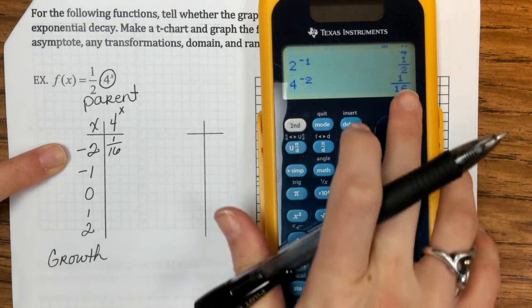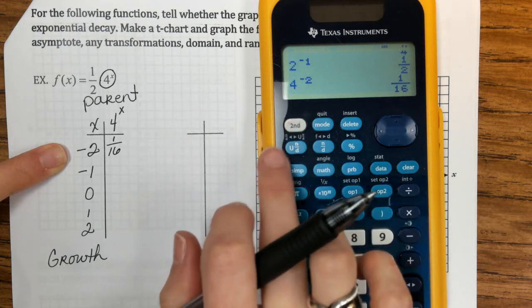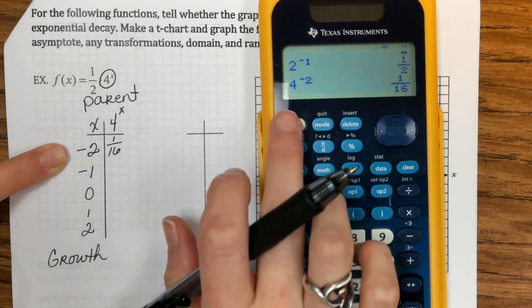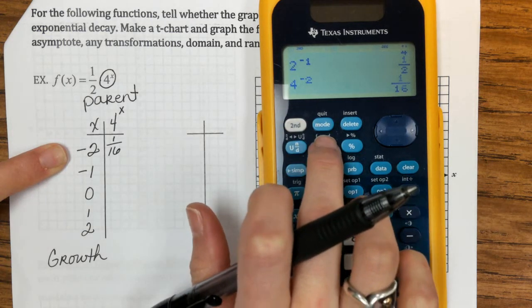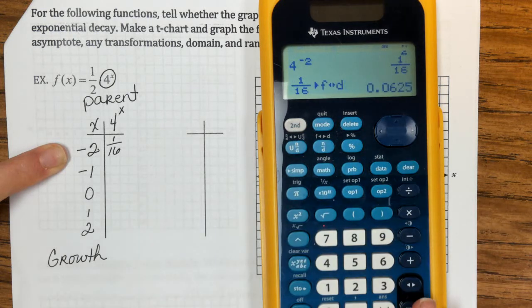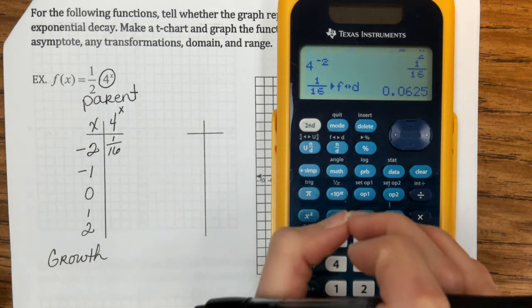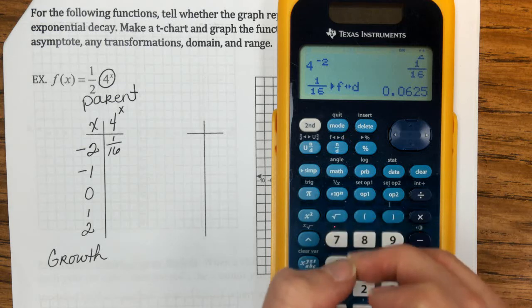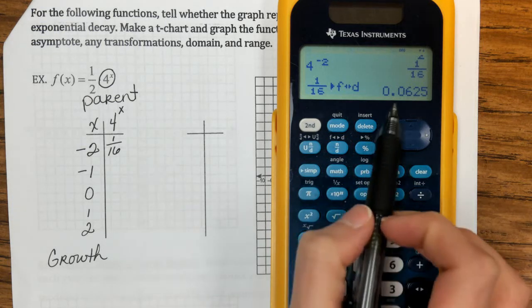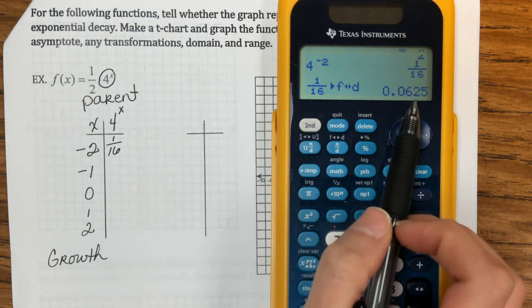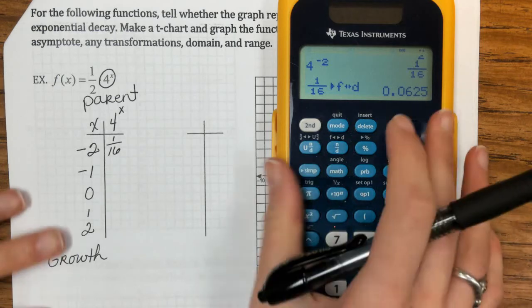It gives you the decimal. Well, no, it doesn't. So if you want the decimal so you know how to graph it, do second and then that fraction. So if you would rather do decimals in your table, that's fine. You've got to graph that either way. Okay? You should know, though, that's really, really close to 0. So you don't have to convert it to a decimal if you know that's really close to 0.